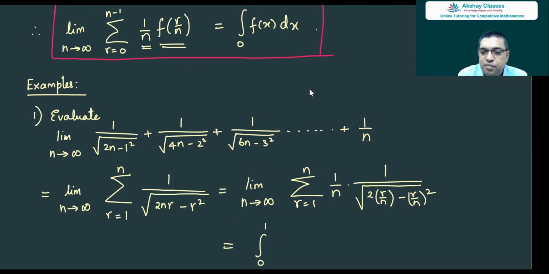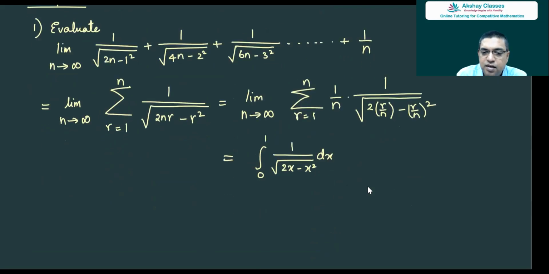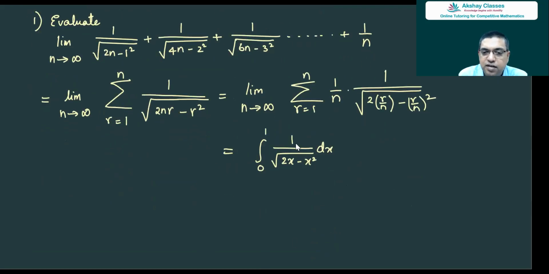Now f of r by n becomes f of x, so I get 1 upon under root 2x minus x square, and 1 by n becomes dx. So I get integral 0 to 1 dx upon under root 2x minus x square. So this is the integral.